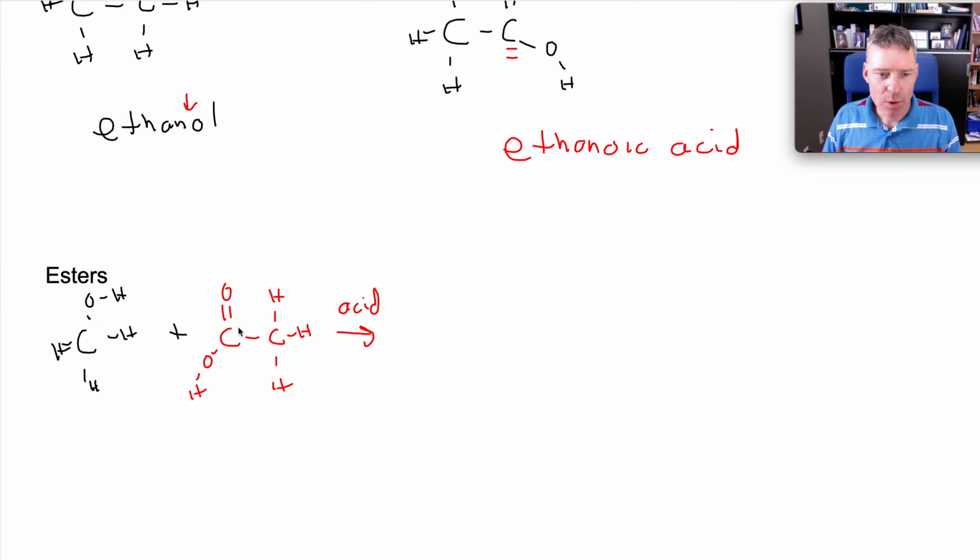This is a polar bond. This carbon is slightly positive, and the lone pairs on this will end up attacking this carbon. Now it is more complicated than that, but we'll leave that to second year university organic to go into the more details and how the acid contributes, but that helps you get the connection right, and we'll see our ester and name it.